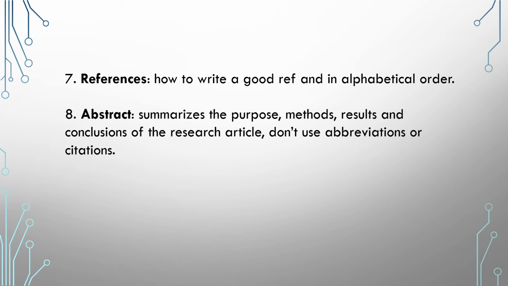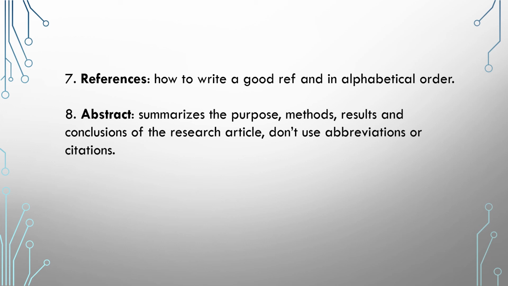And the last one is the abstract. It summarizes the purpose, method, result, and conclusions of the research article. There shouldn't be any abbreviation or citation in the abstract. If you want to know the general content of the article, we can directly go and read the abstract part.